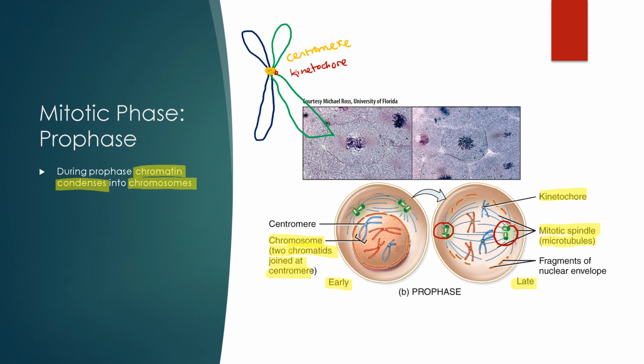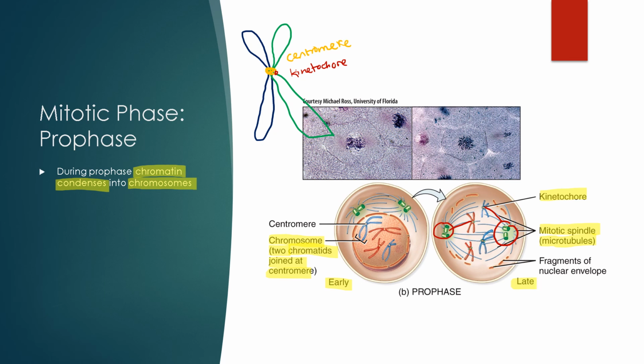Now those mitotic spindles are actually going to attach to the kinetochores of the chromosomes. So we can see this here. We have one mitotic spindle coming here and attaching to the kinetochore there, another one here attaching to this kinetochore, so on and so forth.